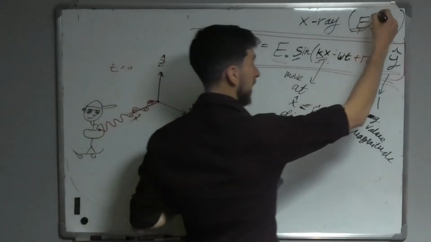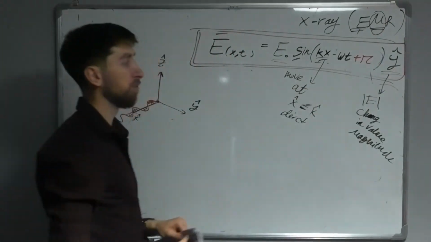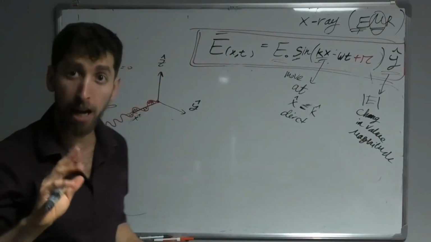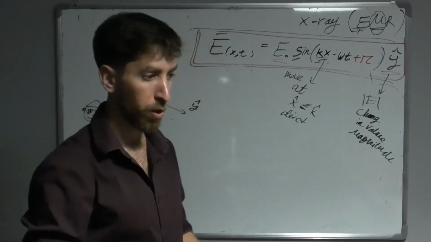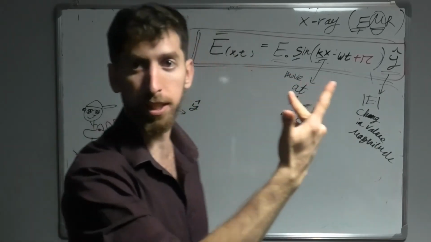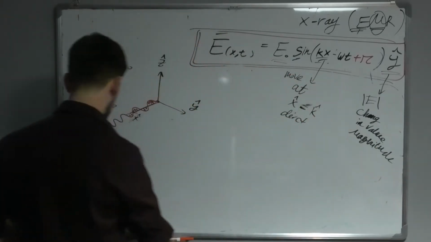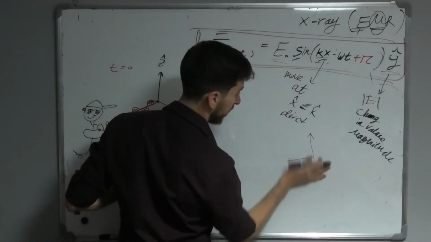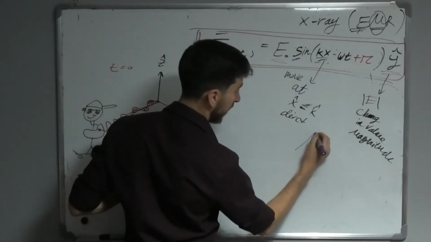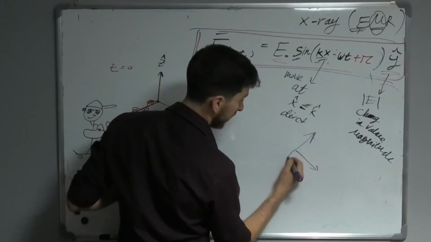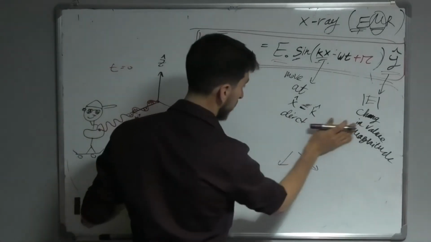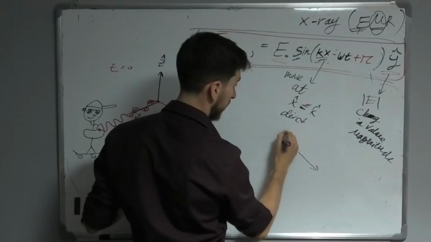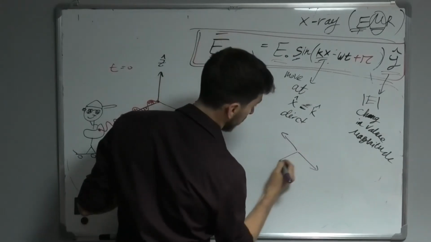So what is the direction of the magnetic field? I'm going to give you a trick. You see this axis? No matter the orientation, let's do it in this direction and this direction.